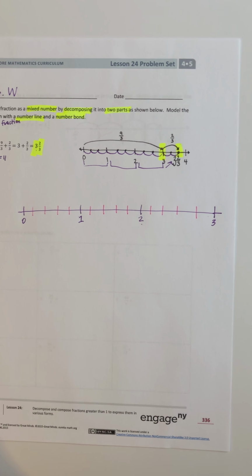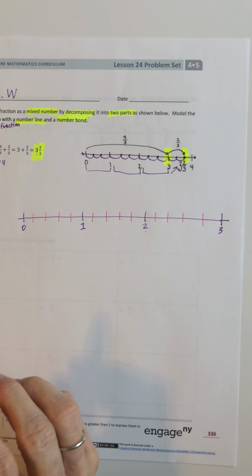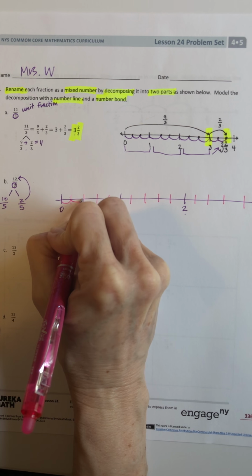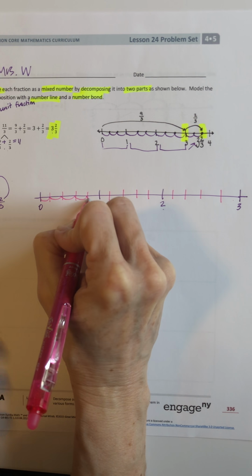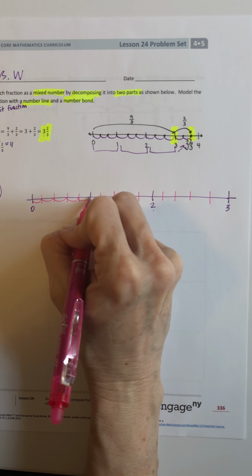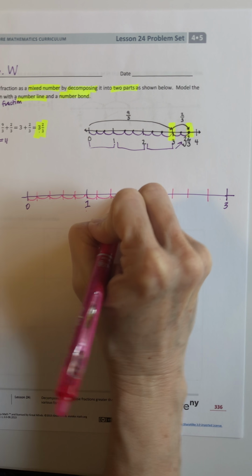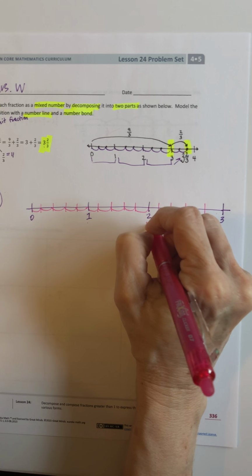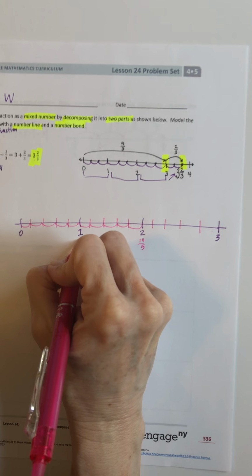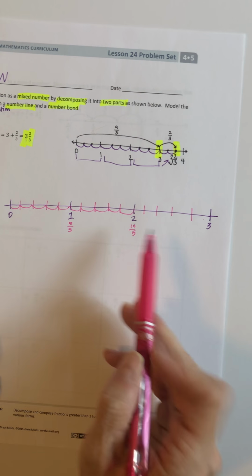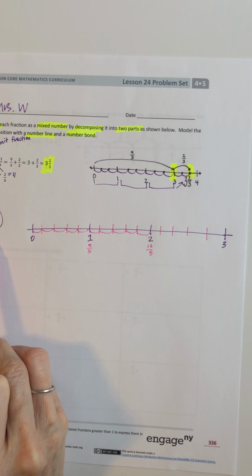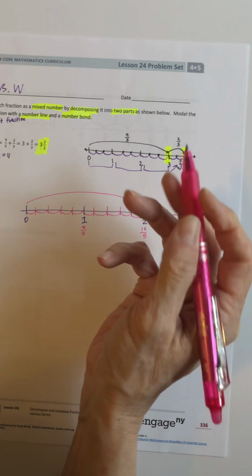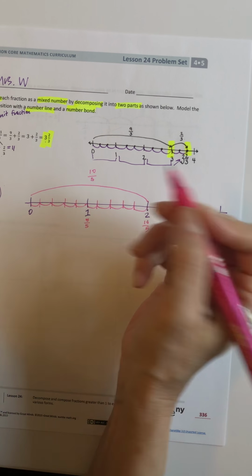Now let's go ahead and do our counting jumps. We want to count 10. 1, 2, 3, 4, 5, that's 5 fifths, 6, 7, 8, 9, and 10. That gets us to 10 fifths. That got us to 5 fifths. So we're at 2 wholes, but we need to go 2 more fifths here. That becomes our 10 fifths.